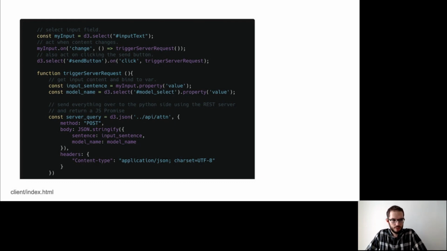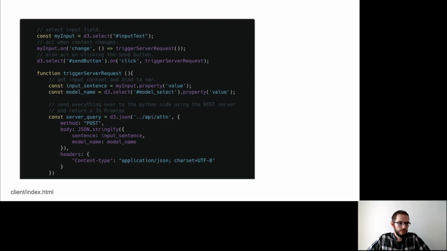With a server request, we first select the value of the constant myInput, which we selected above, which is the field with the ID input text. And then we also select the model name, which is selected from the ID model select, which is our dropdown that we also defined above.